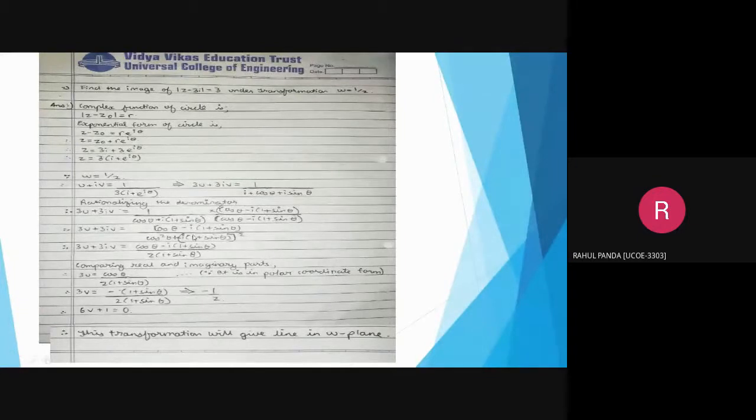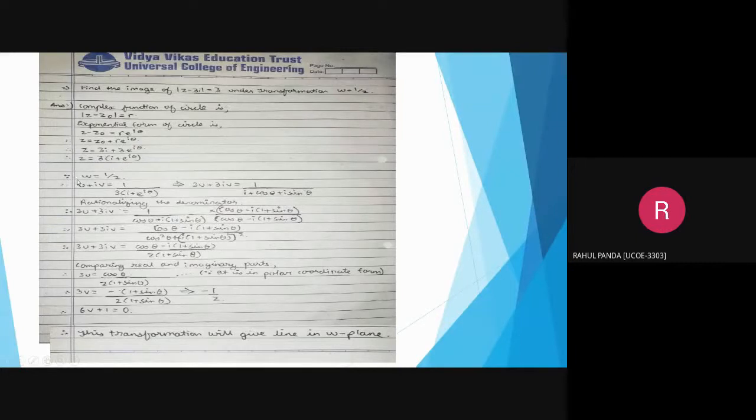By using the exponential form of the circle, that is z minus z naught is equal to r e raised to i theta, therefore z is equal to z naught plus r e raised to i theta. Substituting the values of z naught and r, we get z is equal to 3i plus 3 e raised to i theta. Therefore, z is equal to 3 bracket i plus e raised to i theta.